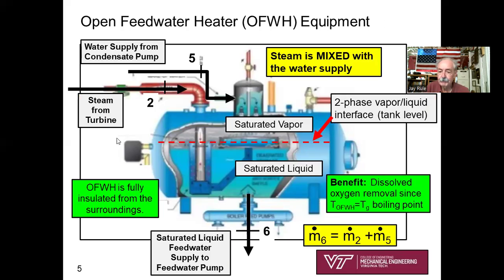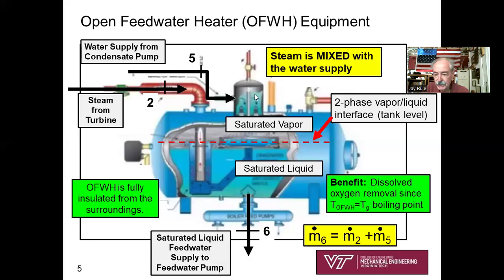Some notes about the open feed water heater. So do recognize we've got extraction steam coming from the turbine at state 2. We've got water supply coming in from pump 1, called the condensate pump, at state 5. And these two streams are intimately mixed together.